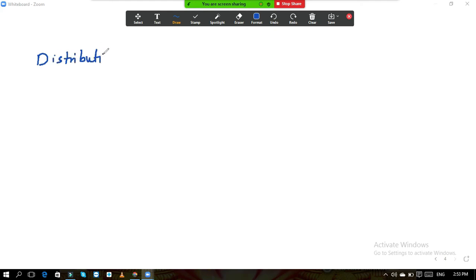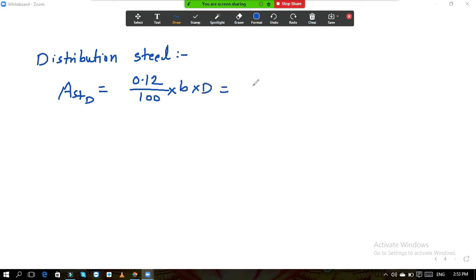For distribution steel, that is ASTD, is equal to 0.12 divided by 100 into B into D, which is 0.12 into 1000 into capital D, 190 overall depth, divided by 100.